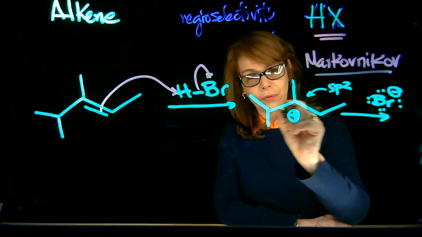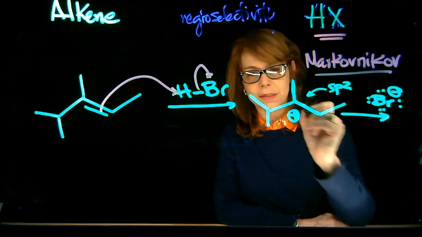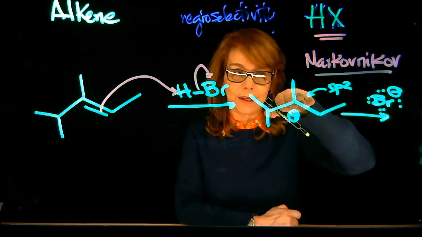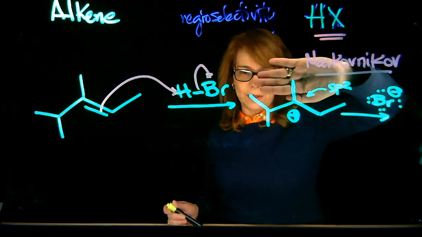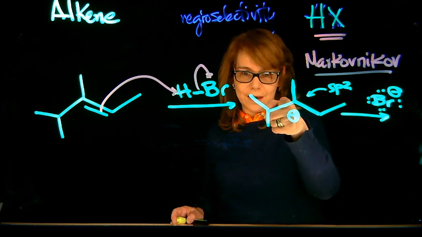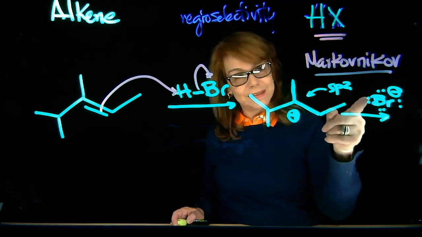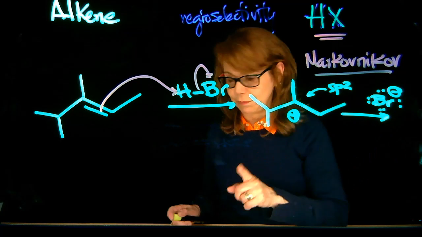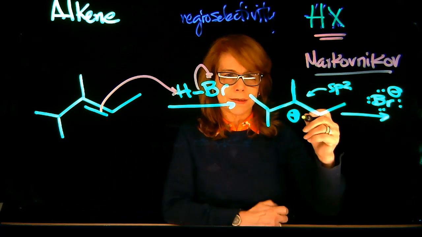And by being sp2, these three bonds are in one plane, and the empty p orbital is perpendicular to the screen. So we can have the nucleophilic attack from above the plane and from below that plane. And that will lead us to two products.